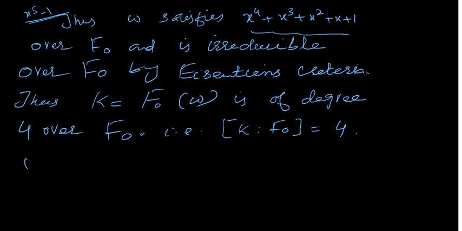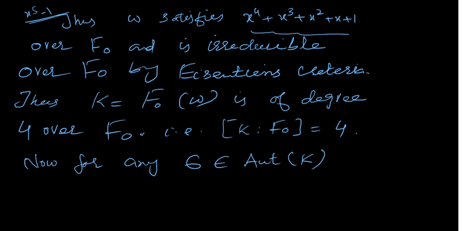Now for any sigma belonging to Aut of K, so clearly this sigma fixes the rationals. This is trivial. So then this sigma belongs to G(K, F naught).